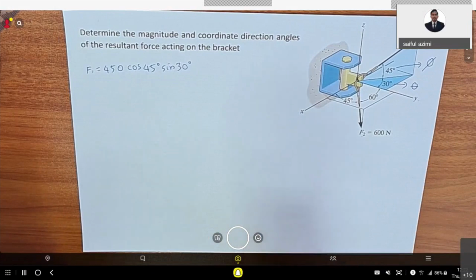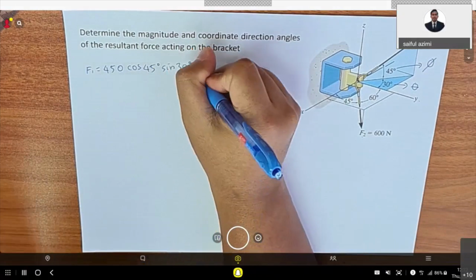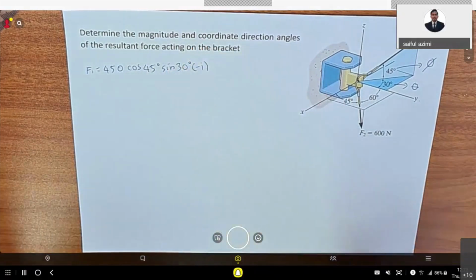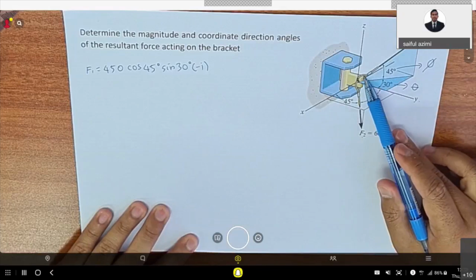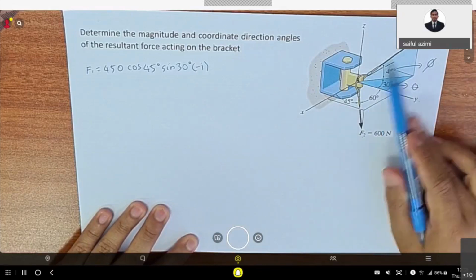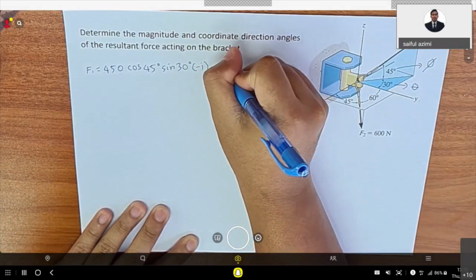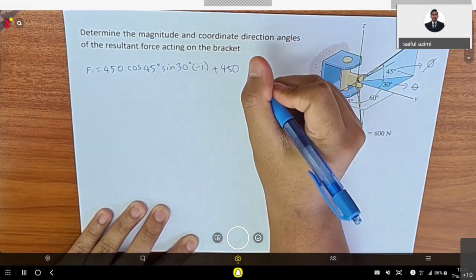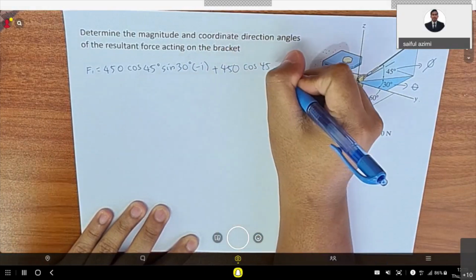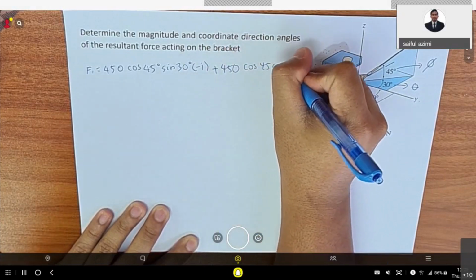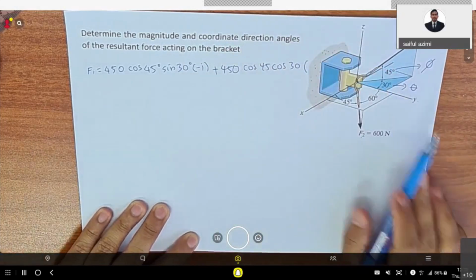And then we have the direction of negative I, because this is actually the positive here. The first one is moved towards the back, so it is negative I, right? Plus, we have 450 cos 45 cos 30 degree. What is the direction of J?